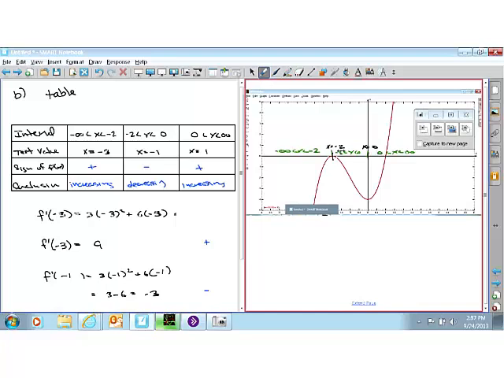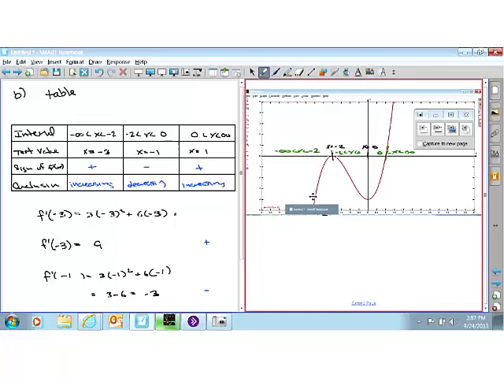So we have three intervals. We evaluate the derivative at negative 3, so that would be 1, 2, 3. So it's positive. We evaluate the derivative at x equals negative 1, which is decreasing, and then we evaluate the derivative at x equals 1, which is positive.